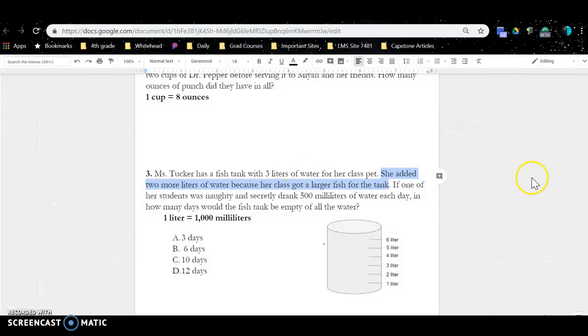Now it says one of her students was naughty and secretly drank 500 milliliters, not liters, 500 milliliters of water each day. How many days would the fish tank be empty of all the water? Well, we know 1 liter is equal to 1,000 milliliters.